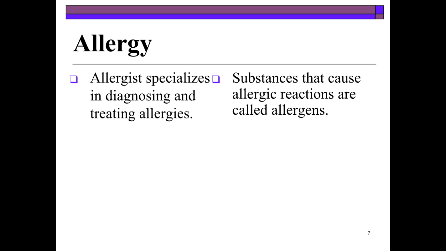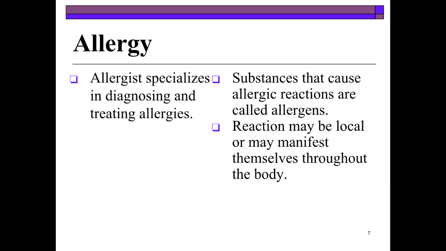And like I said, substances that cause an allergic reaction are called allergens. The reaction may be local, or it may manifest throughout the body. So you may just have a place that you come in contact with something where it's itchy and red, or it can be that minor or as severe as an anaphylactic reaction.